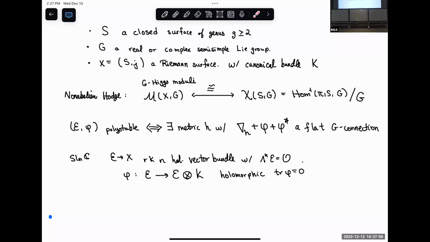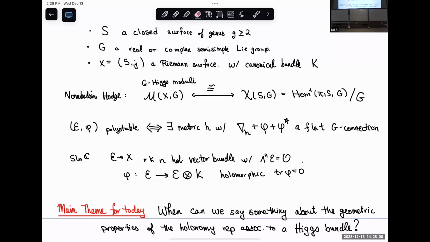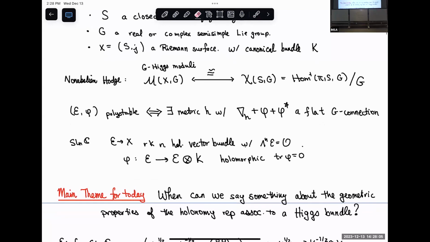So now the main question or main theme of today's talk is: when can we say something about the geometric properties of the holonomy representation associated to a Higgs bundle? This correspondence involves solving some PDE, and it's hard to actually write down a solution.